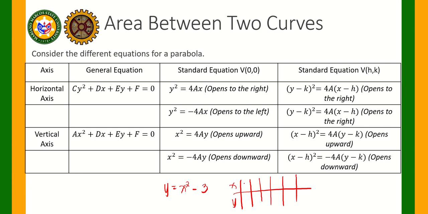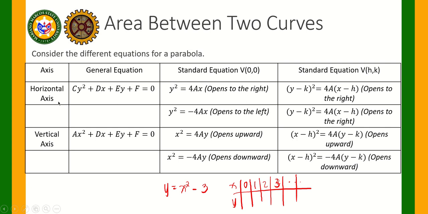Assume ka ng values ni x, for example, 0, 1, 2, 3, and so on. Tapos, plug mo si x values dito sa function mo, you will get a specific value of your y's. And doon ka na mag-graph. However, that is time-consuming. So, consider natin yung different equations for a parabola.